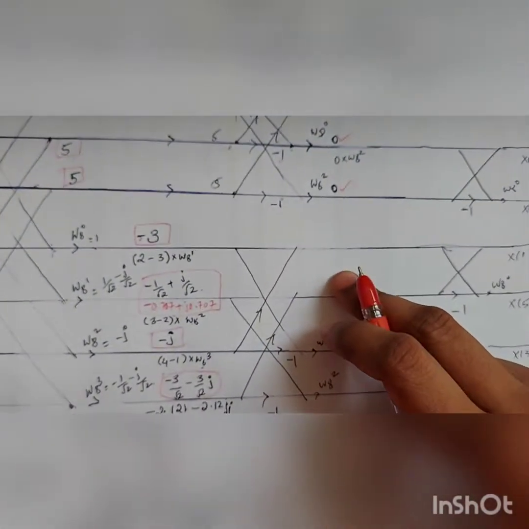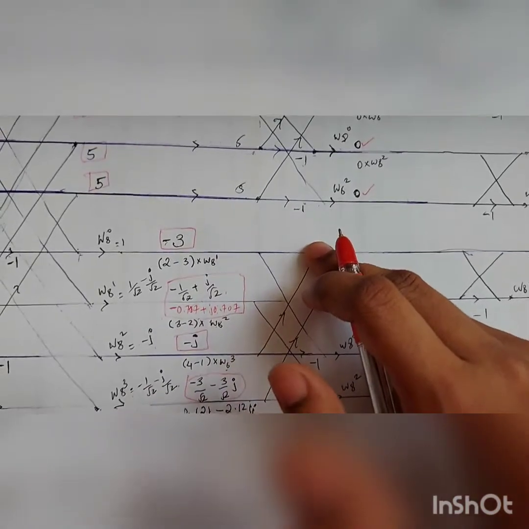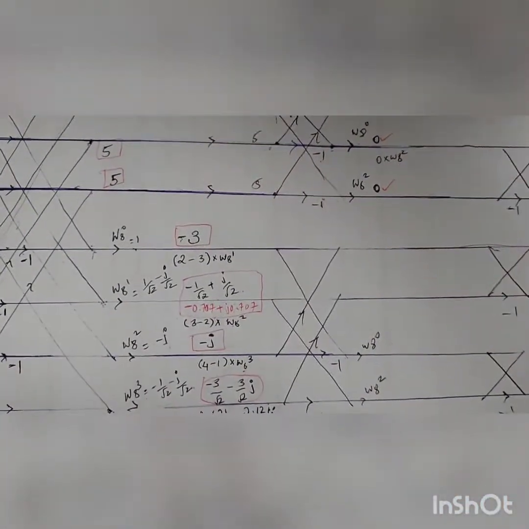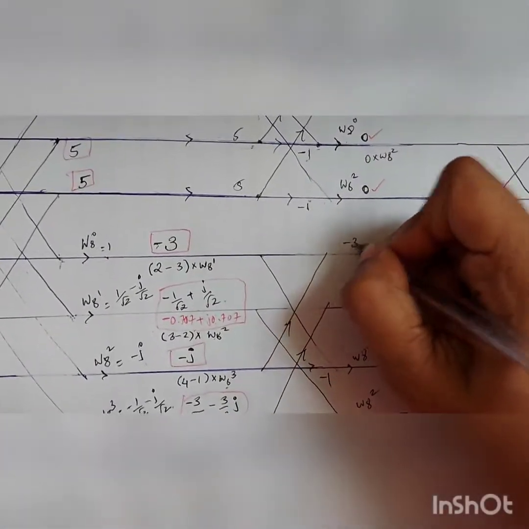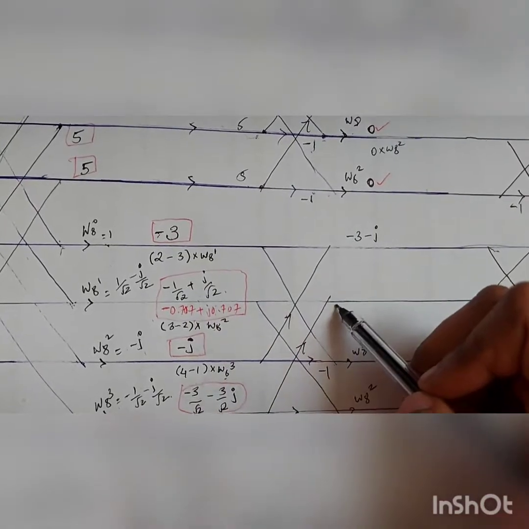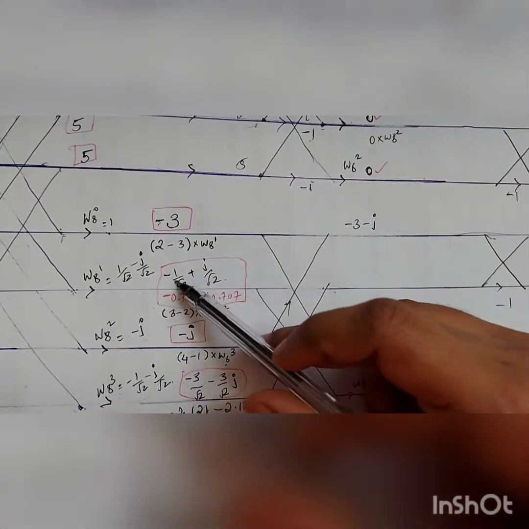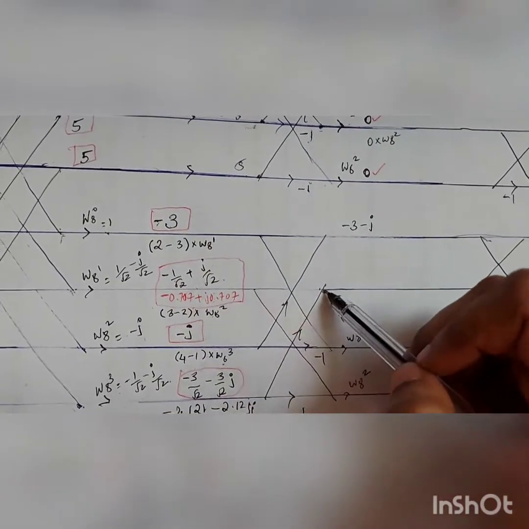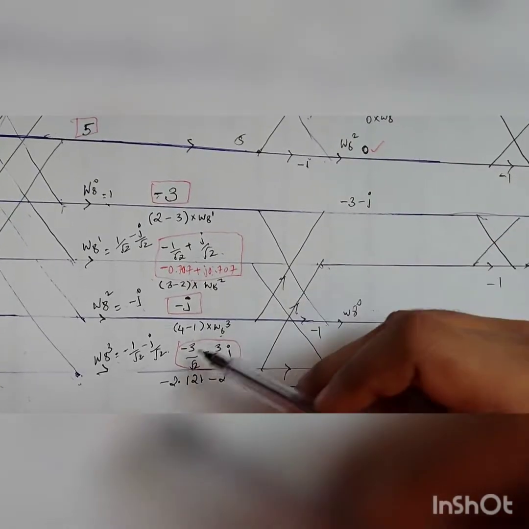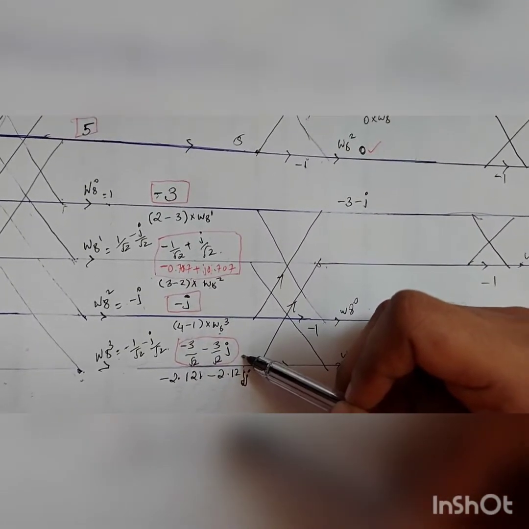What about this? You can see minus 3 and minus j moving in here, so this would be minus 3 minus j. What about this? This is minus 1 by root 2 plus j by root 2, plus minus 3 by root 2 minus 3 by root 2 j.